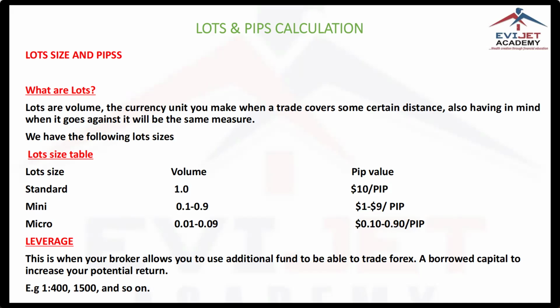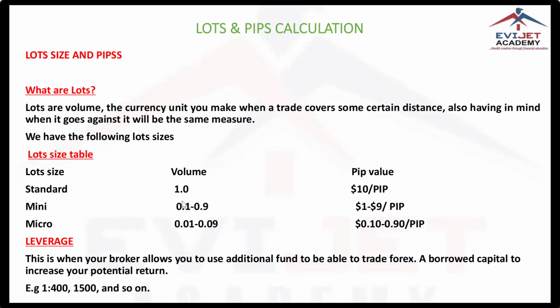Anything that is a whole number and above, we're not talking about decimals now, whether it is 10, 20, or 50, is a standard lot size. So you say 1 standard lot, 2 standard lots, 50 standard lots. Anything that is a whole number is a standard lot.